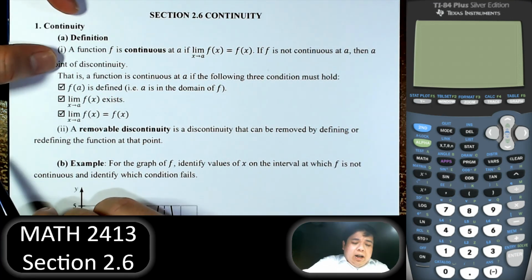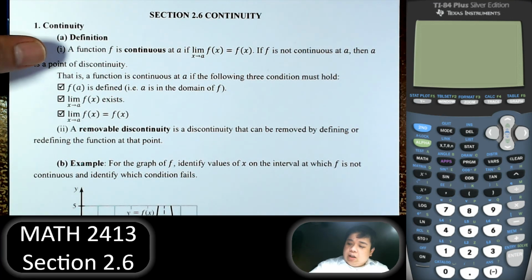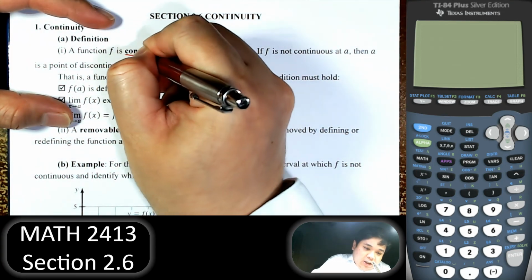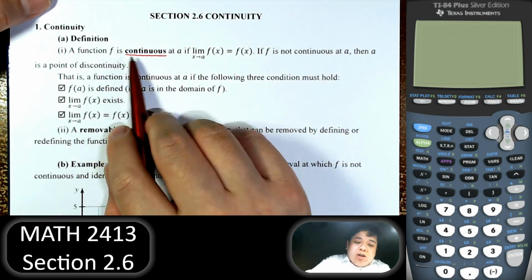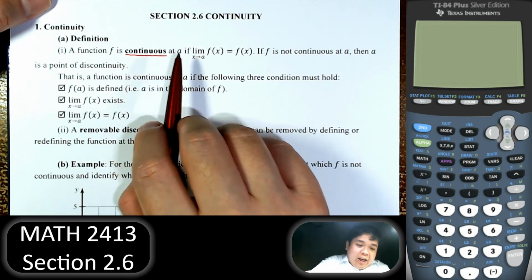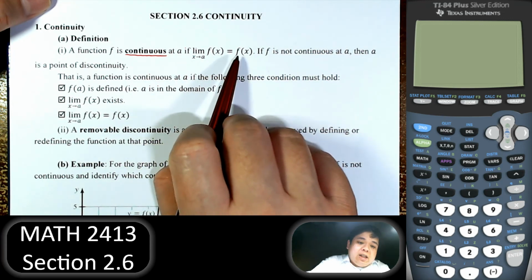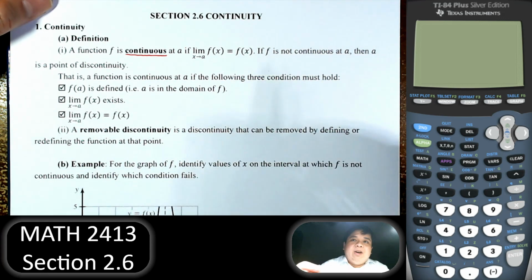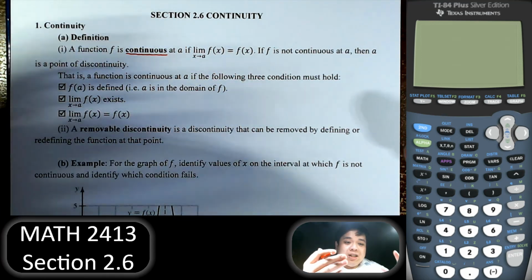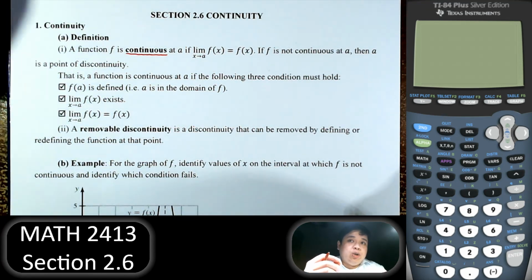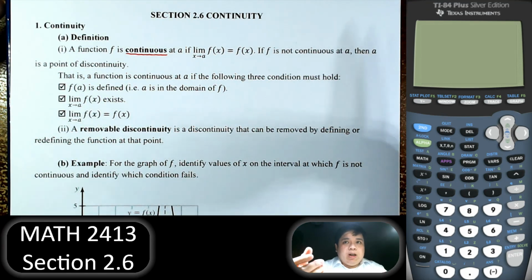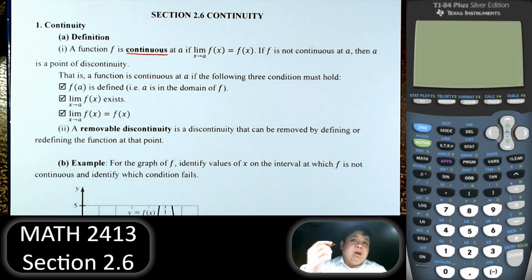So, the definition of a continuous function. A function is continuous at the point a if the limit is equal to the value of the function. Earlier we said that the value of the function has nothing to do with the limit, because the way we define it is getting close to the point, which is a lot more important than what happens at the point.